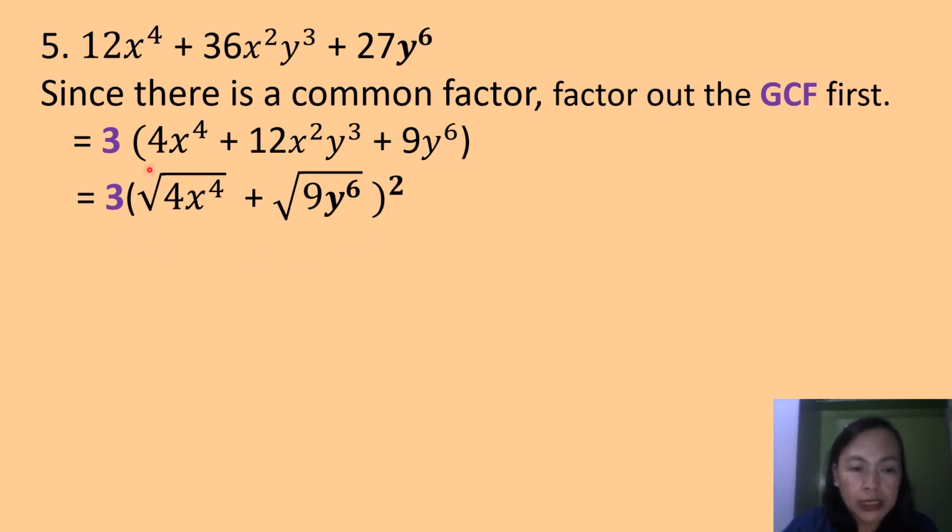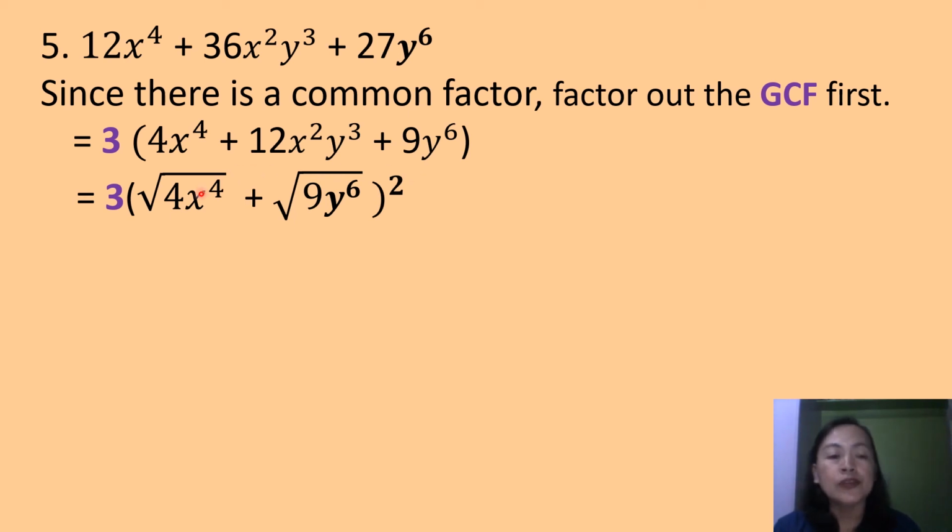But inside this, the next polynomial factor, mapapansin ninyo na yung first term is a perfect square and the last term is also a perfect square. So, dapat yung mga mata ninyo parang matang lawin dyan. Okay, you always have to be eyeing for perfect square whenever you see a trinomial.